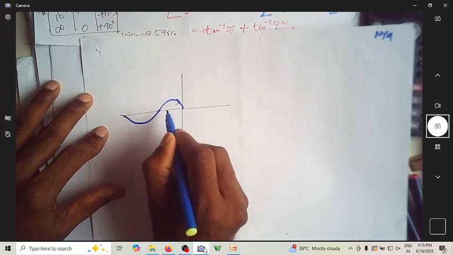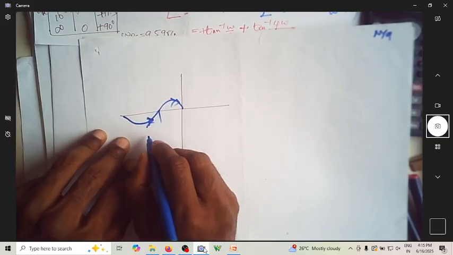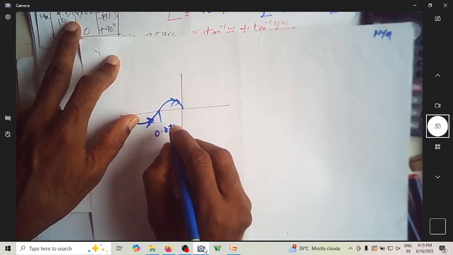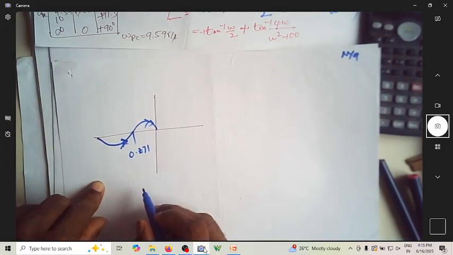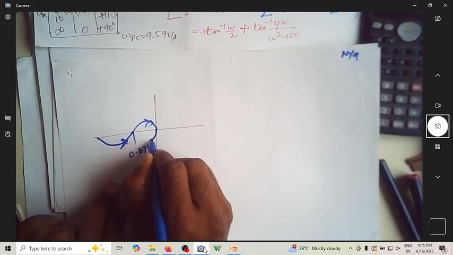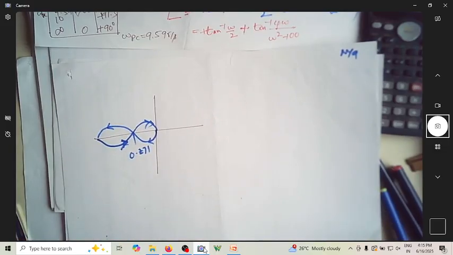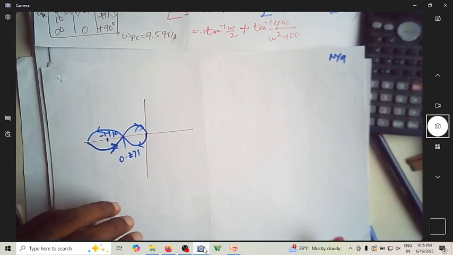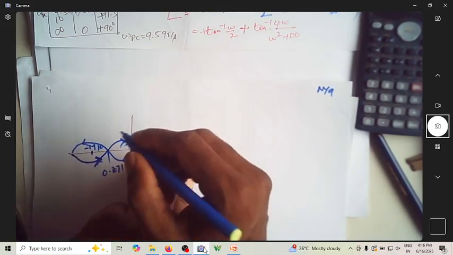This point magnitude is 0.271, and of course it will be a dot at the origin, and then if you write its mirror image, it will go like this, correct? So minus 1 plus a 0 will come here.